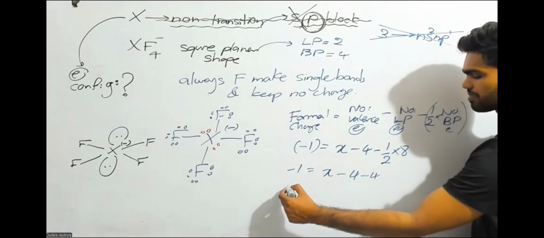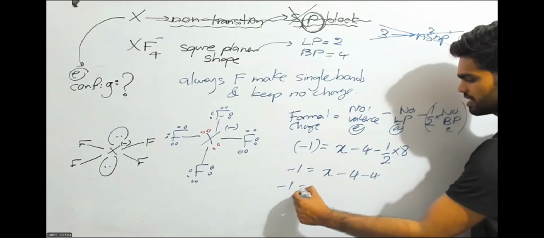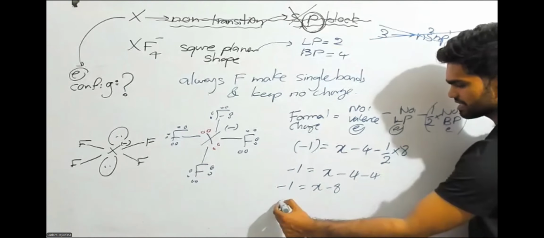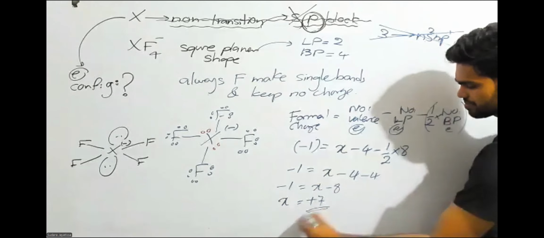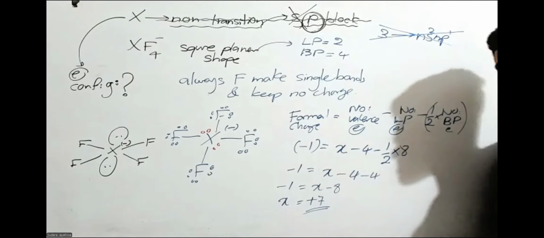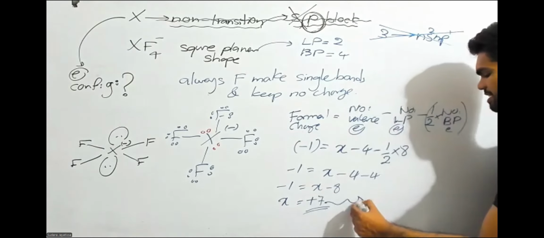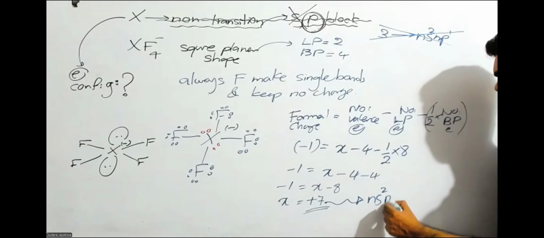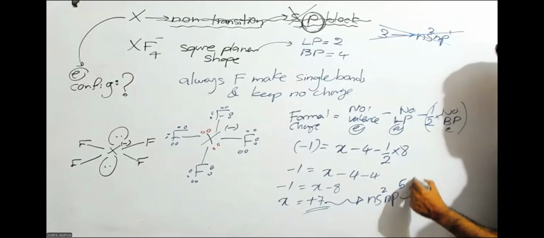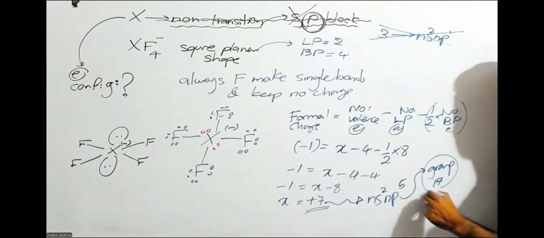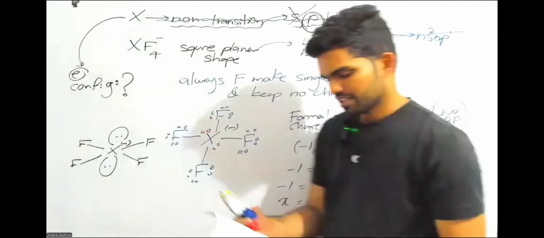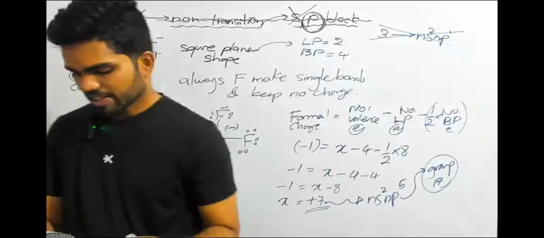Okay, -1 equals x minus 8, so x is equal to +7. Which group does it belong to? 7 valence electrons means ns2 np5, group 17 in the periodic table. So your answer is answer 5.